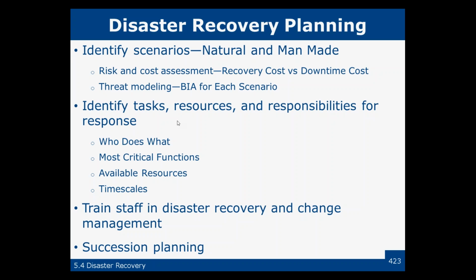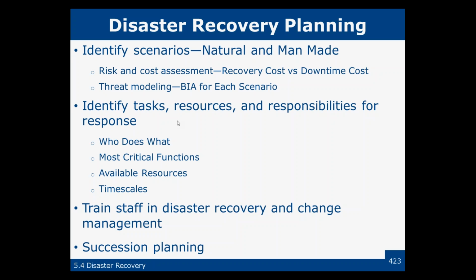Identify tasks and the resources and responsibilities for them. We have to specify who does what. So in who does what, what are the most critical functions? And the most critical functions are the ones that we're going to bring back online first. If we have this thing, what are the available resources?